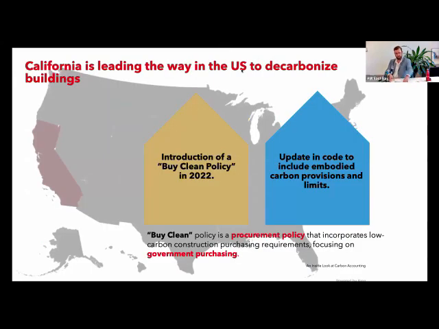As we all know here in this room, California is definitely leading the way in the US to decarbonize these buildings. In 2022, the Buy Clean policy was introduced and updated codes to include embodied carbon provisions and limits.